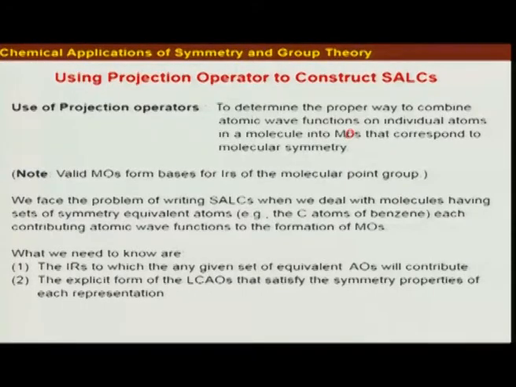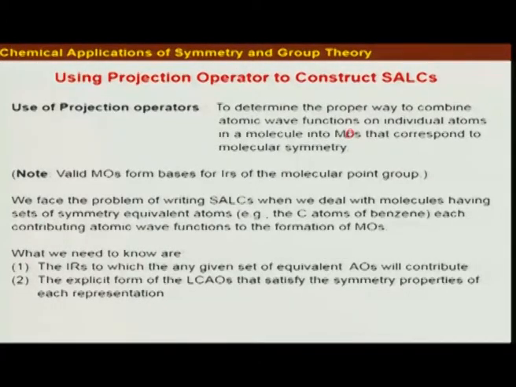Say for example, in benzene all the carbon atoms are equivalent, or in sulfur hexafluoride all the fluorine atoms are equivalent, or you take MoCl8, that kind of complex, all the chlorine atoms are equivalent, or say PF5 where 3 fluorine atoms in the equatorial plane are equivalent and the 2 in the axial directions are equivalent.